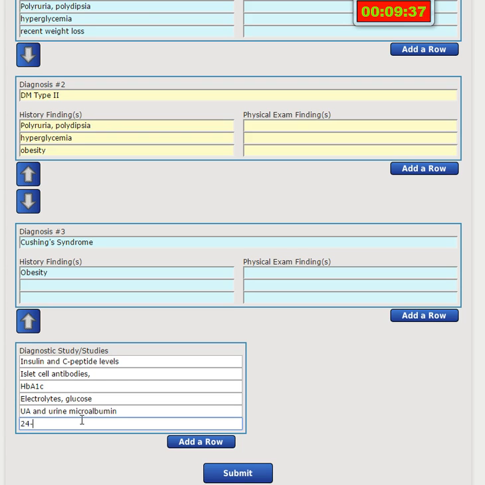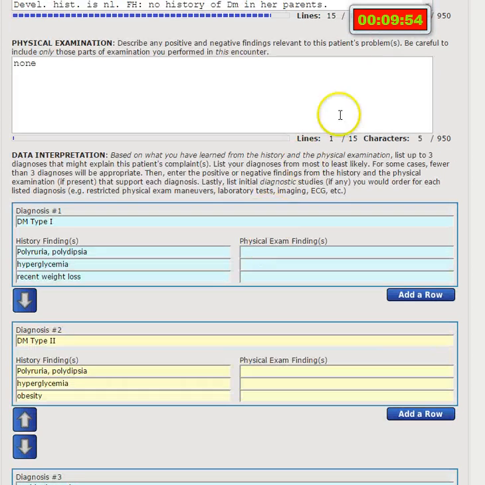Because we suspect Cushing disease, a 24-hour urine free cortisol. So basically that's it.